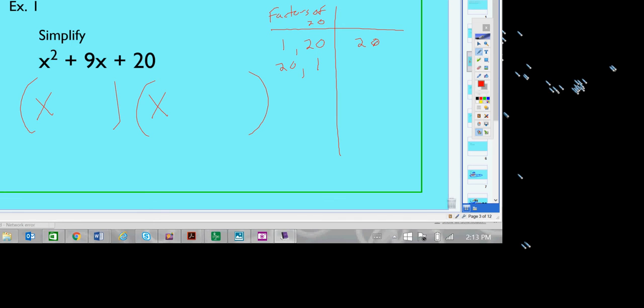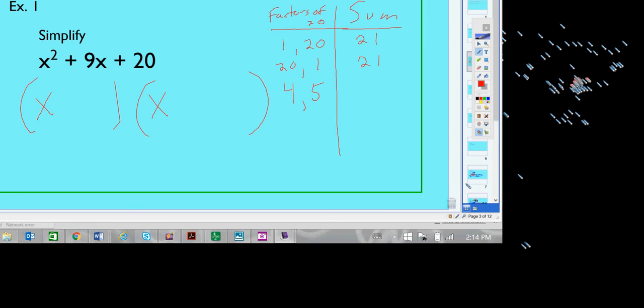So as you can see, I'm not used to using the table, so we'll use it here, okay? So used to doing it in my head. So the sum, not the multiplication, 21. That doesn't work, does it? But we know the next thing we can go to, 4 and 5 comes to mind right away.